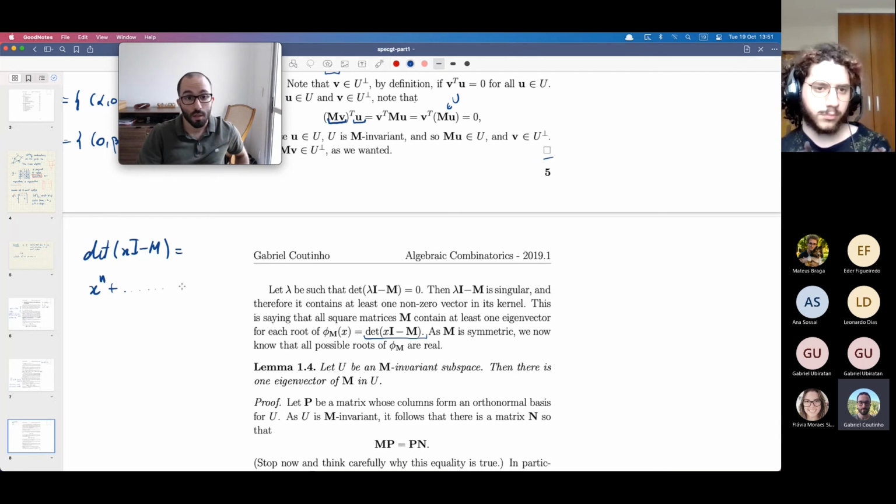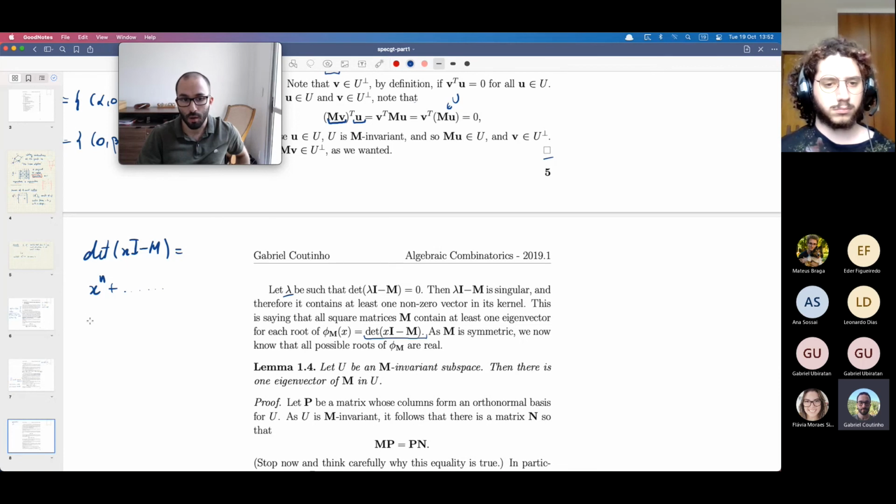I know that this thing has all the roots I want in the complex numbers, but I know none of these are going to be complex, because if any of these roots are actually complex, I would be finding an eigenvalue which is not real, and that's not possible. So I know that all the roots of the characteristic polynomial are actually real.